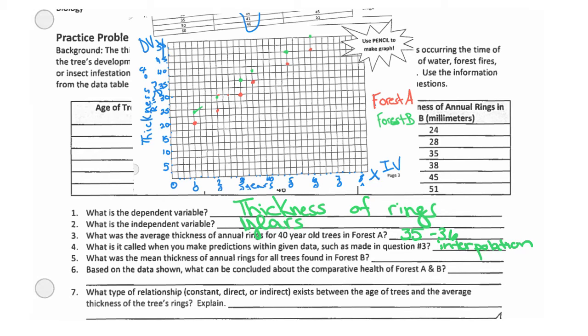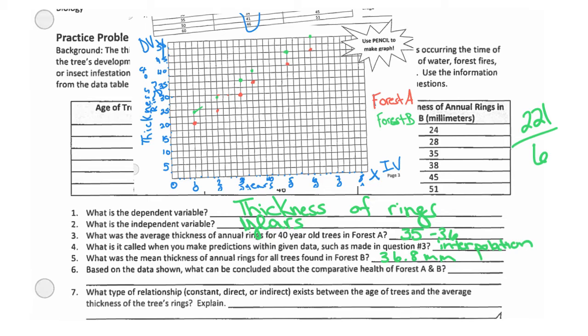So I got 221 when I added all up at Forest B, and then we're going to divide that by 6 because that's how many data points we have. And it's 36 and 8/10 is what we would round that to, and that is in millimeters. Okay, and it's not squared because we're not talking about area.